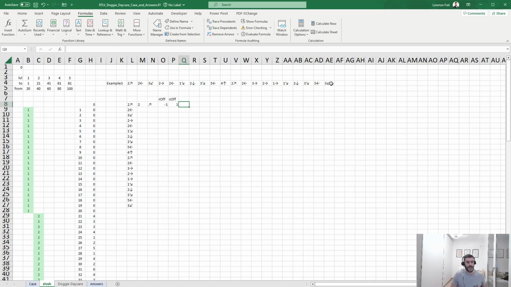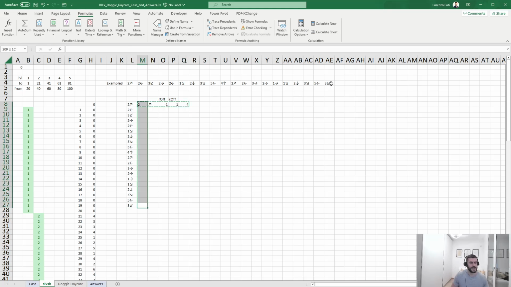Then basically the ask is how many cells you have moved. What I did was, if the absolute of this plus the absolute of this equals 2, it means you have a diagonal movement, then you double, otherwise you don't double.